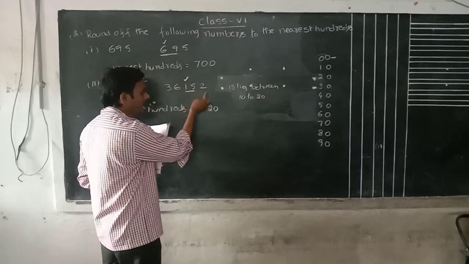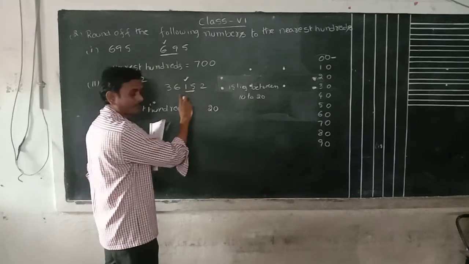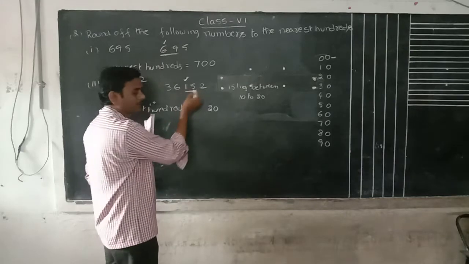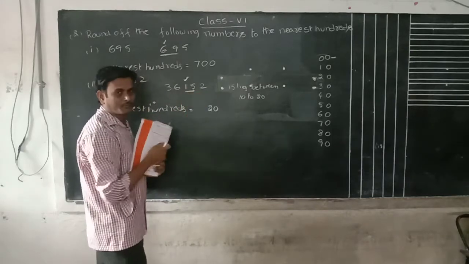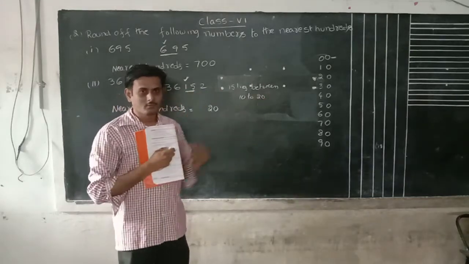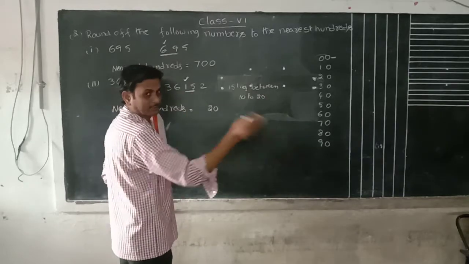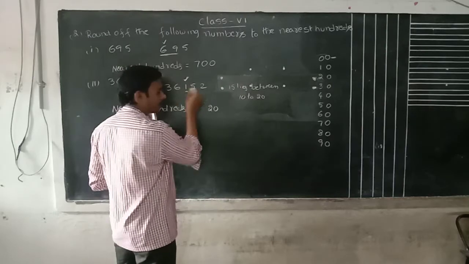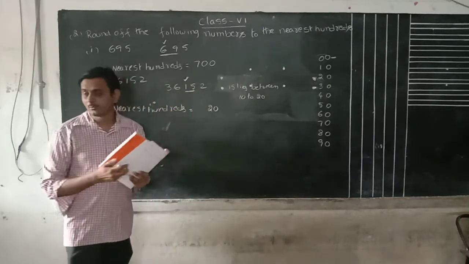Now, to the right of 15, how many digits are there?